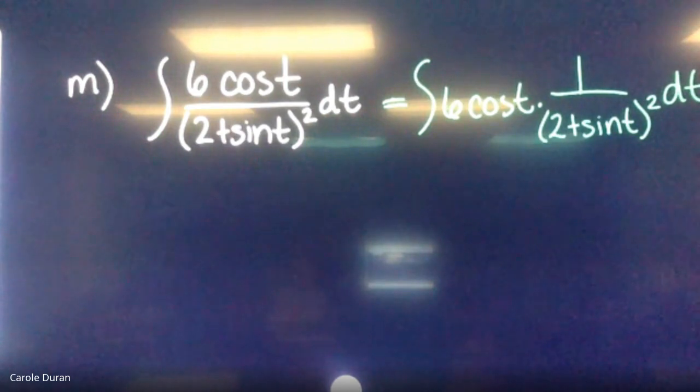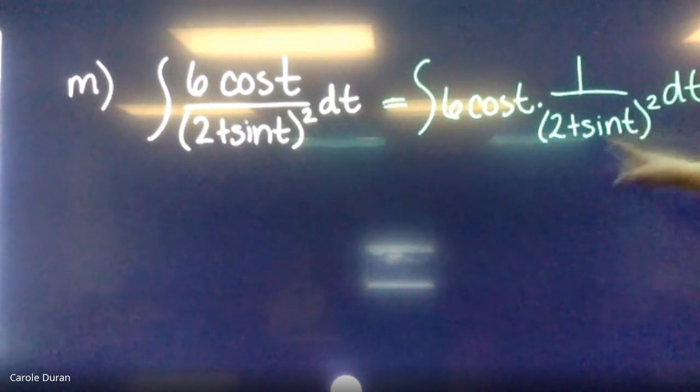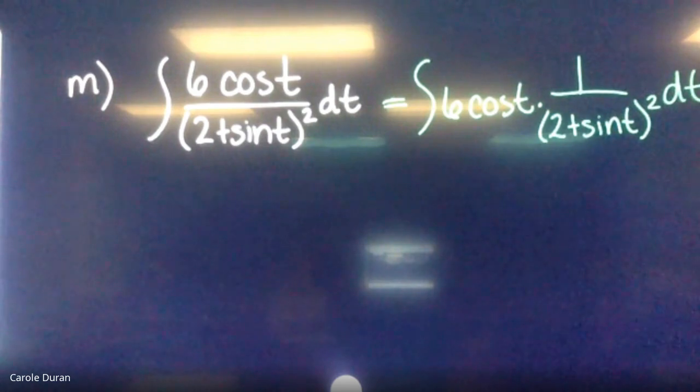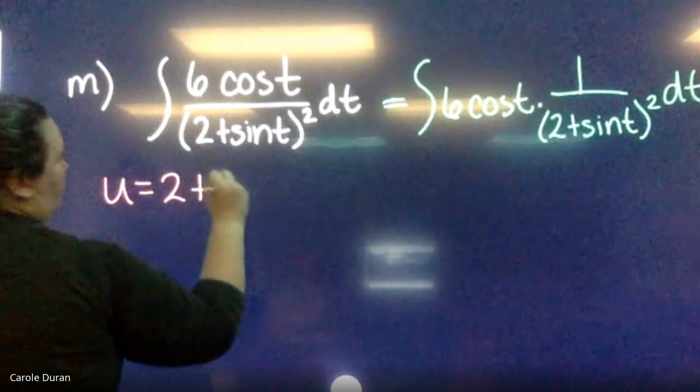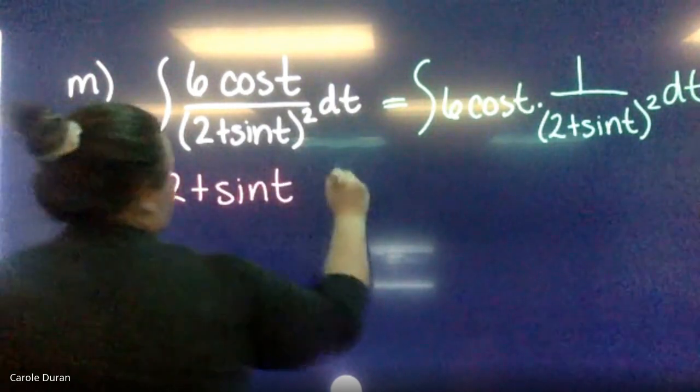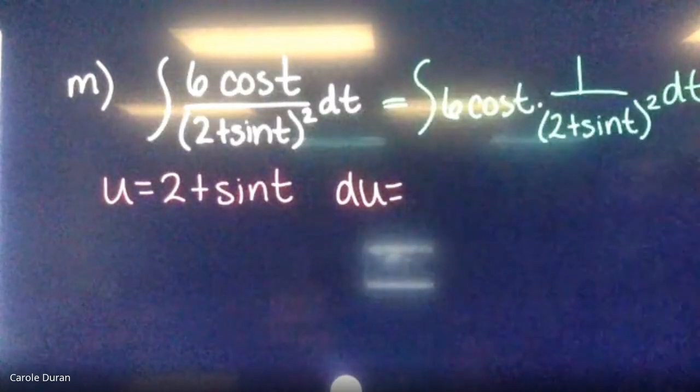One of my reciprocal identities will not work here because I have a 2 plus sine of t being squared, not just sine of t, which means this is probably just going to be a normal u substitution problem. So what's my inside function? 2 plus sine of t. So what does that make my du?